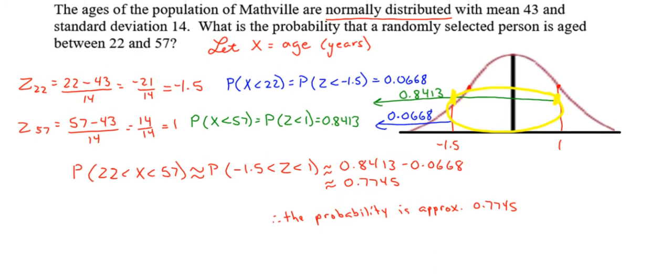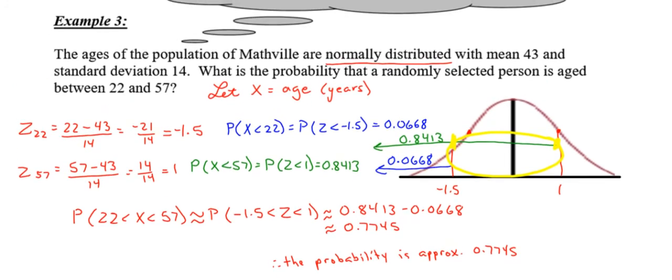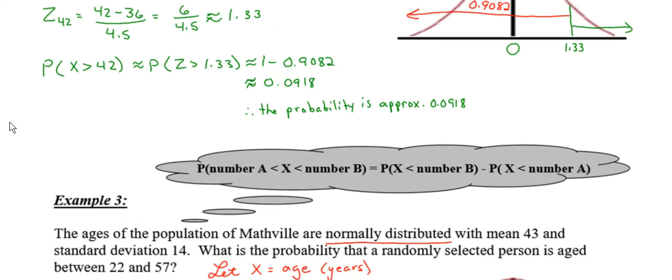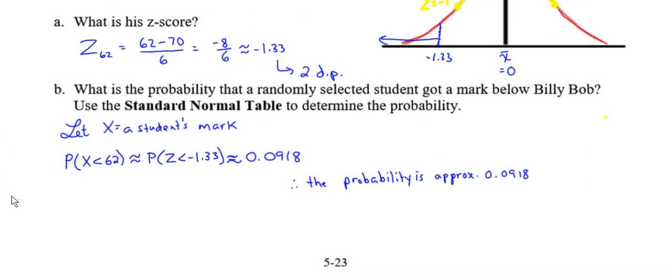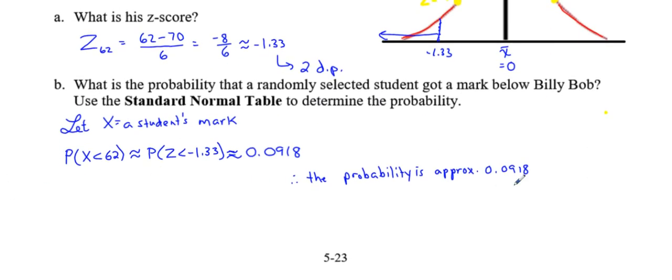And for these other examples, what I did is put in the therefore sentence. So the probability is approximately 0.7745. And again, a therefore sentence, and as well for the first question, putting in a therefore sentence.